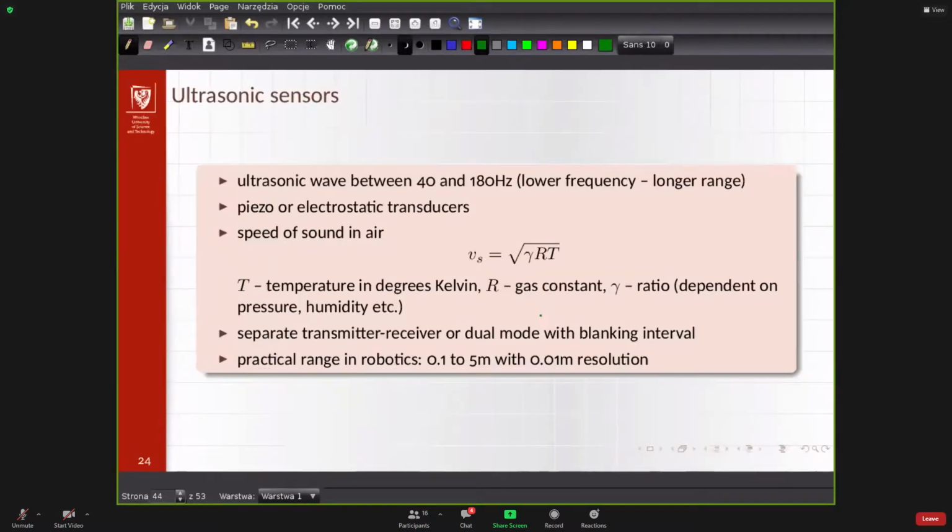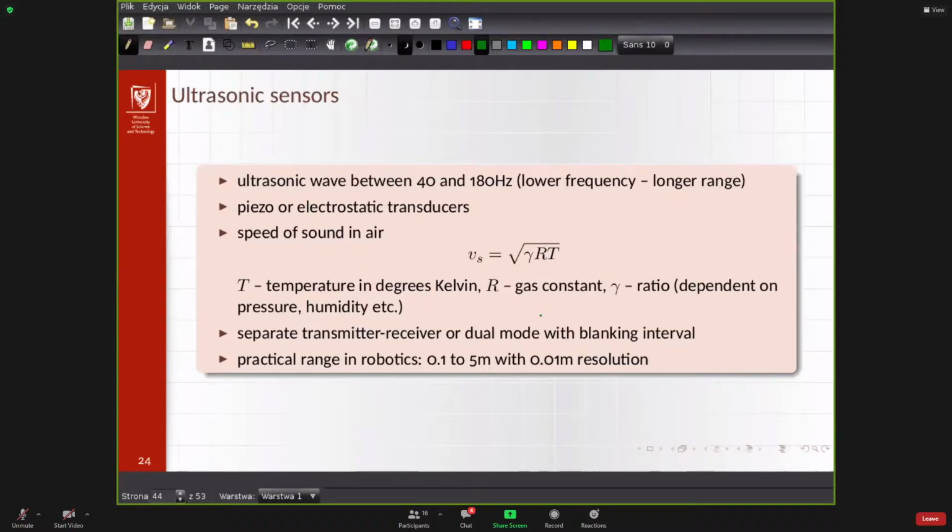So what we have in ultrasonic sensors. Usually the beam is sent. You send the beam of a frequency between 40 and 108 kilohertz, and if you reduce the frequency, you get a longer range.